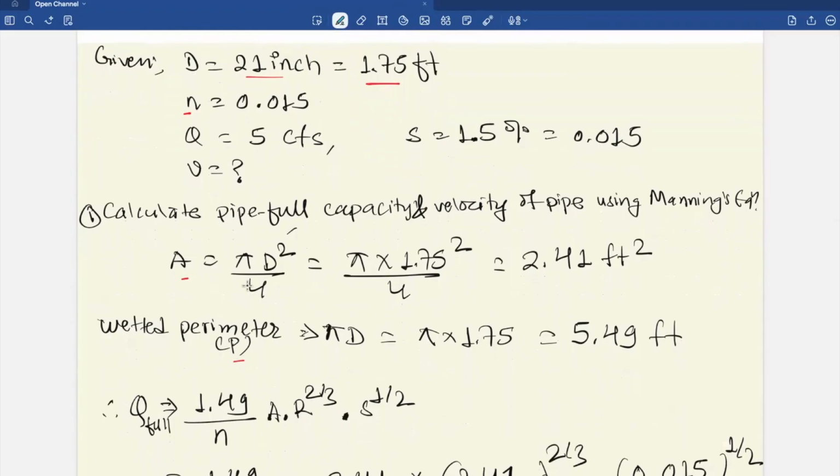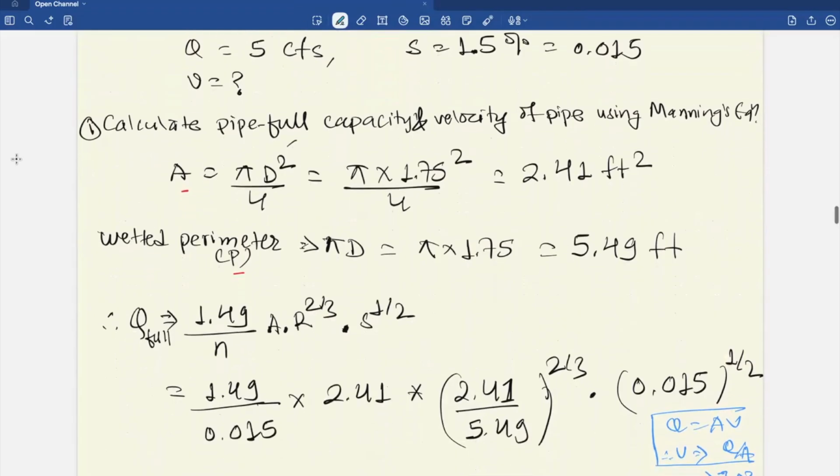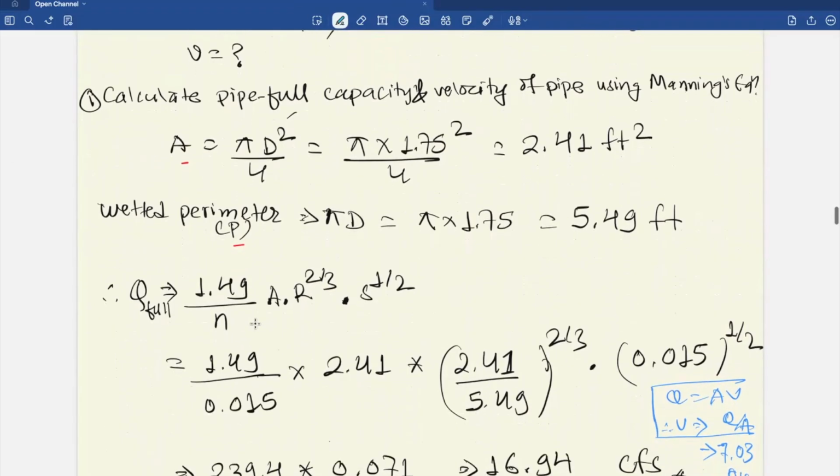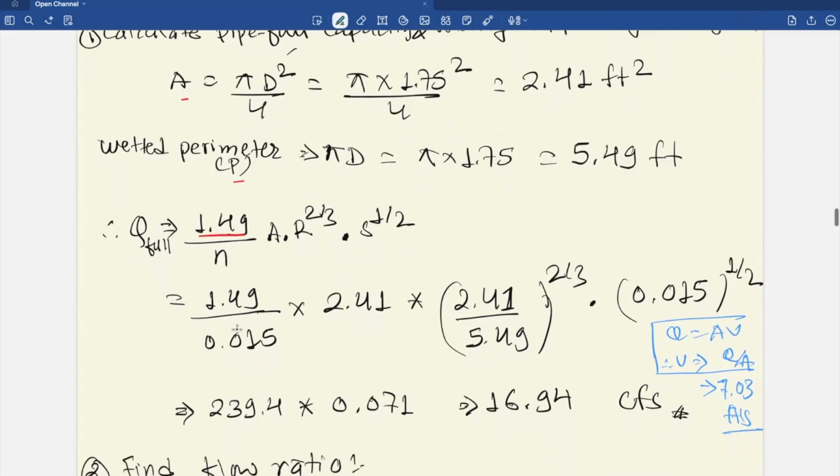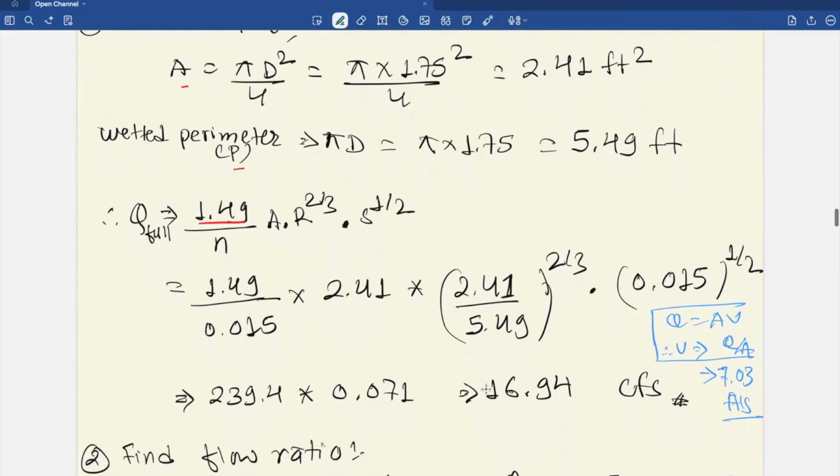After we compute the wetted perimeter and area, we can directly input them in Manning's equation. Since this is the BG system, we will be using 1.49 for the constant, and by computation we will have 16.94 cubic feet per second.